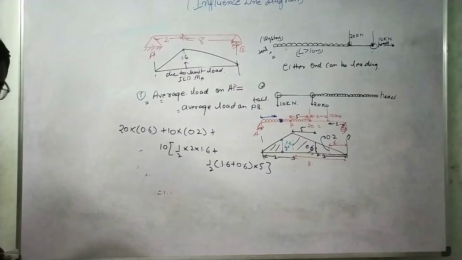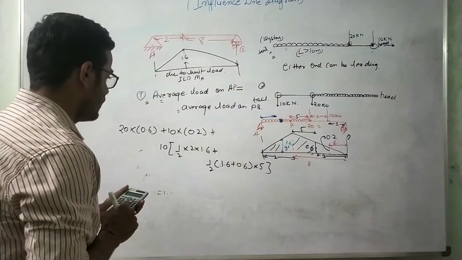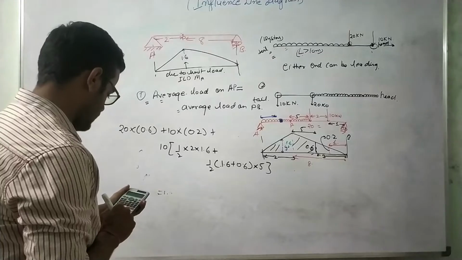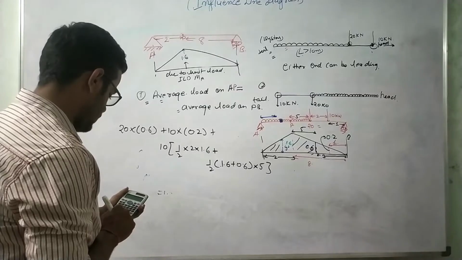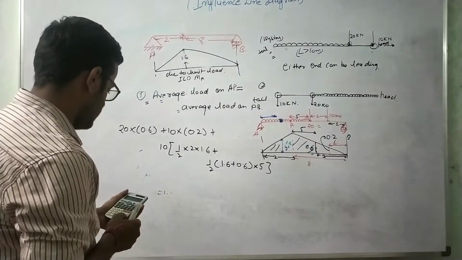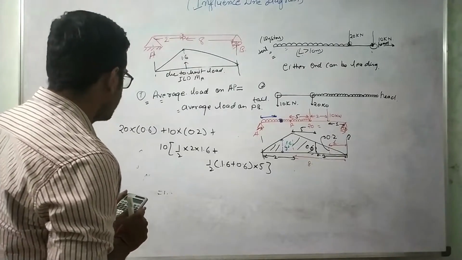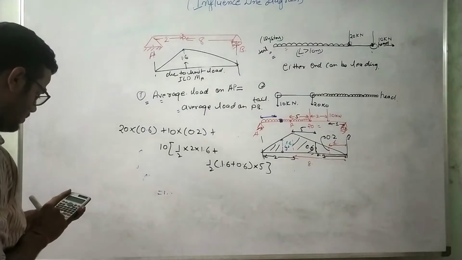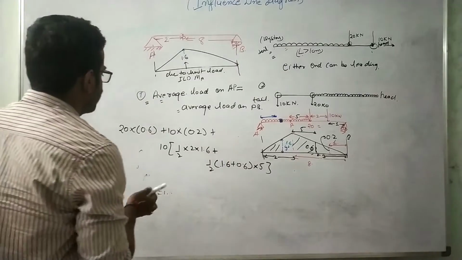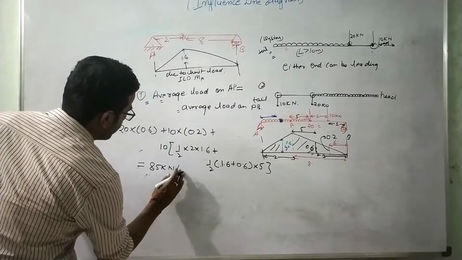If we calculate this value, if we solve this complete expression, the value comes out to be 85 kilonewton meter.